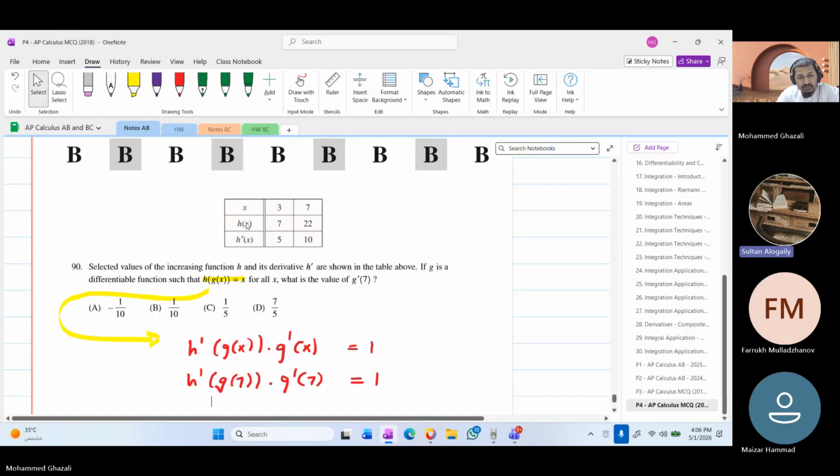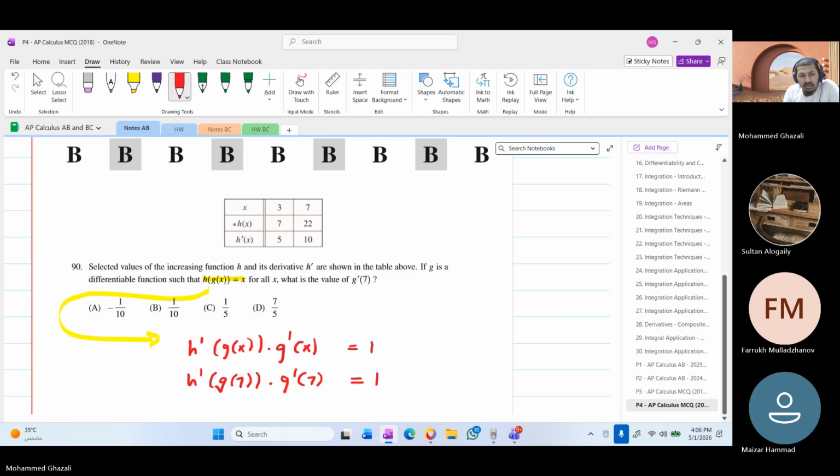Oh no, it's h of 22 is equal to 7. So h of g of, wait, one second. h of 22 is equal to 7. So the inverse of that. Oh no, we don't know whether it's inverse or not. Just hold on. h of 22 is equal to 7. So that means g of 7 equals 22.